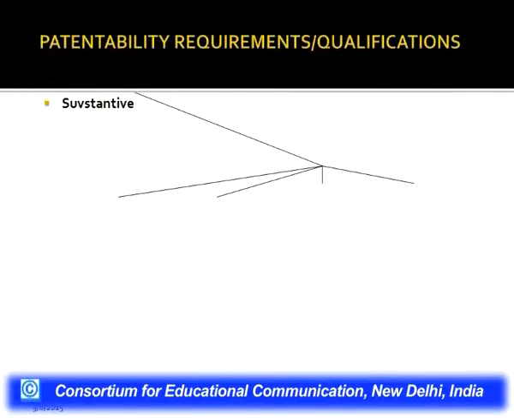Before jumping directly to today's discourse and today's agenda, I would like to recapitulate certain things for all my viewers, which I believe are very important at this juncture. Friends, in my previous discourses relating to patent law in India, I have told you about some of the substantive requirements to be fulfilled by the person seeking the patent.